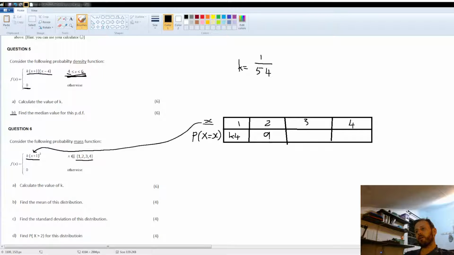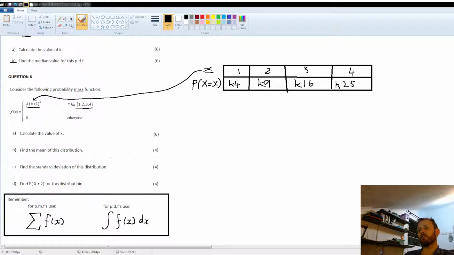This was 9. This was 16. This was 25. You can put k in later if you want. Not so bad. Here we have our table, and k is not an unknown, so we can put the number in if we want, but whatever the case may be, you have a table, and you just proceed as normal.